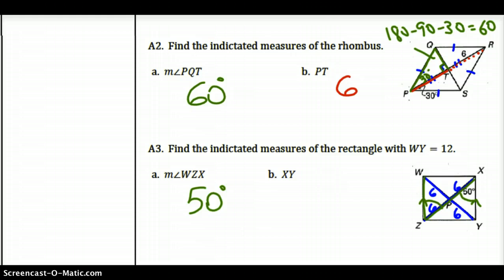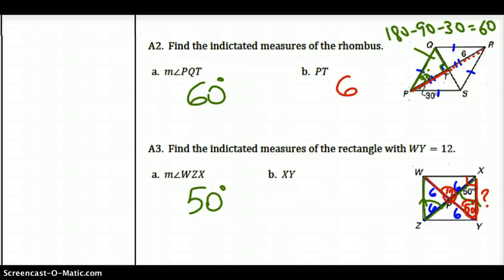To find XY, I want to find this. I know this is 90, and I know that this is 12. How can I find this missing side length? Now again, this has to be 50 right here. So now I can use 50 and 12 to find this unknown piece.